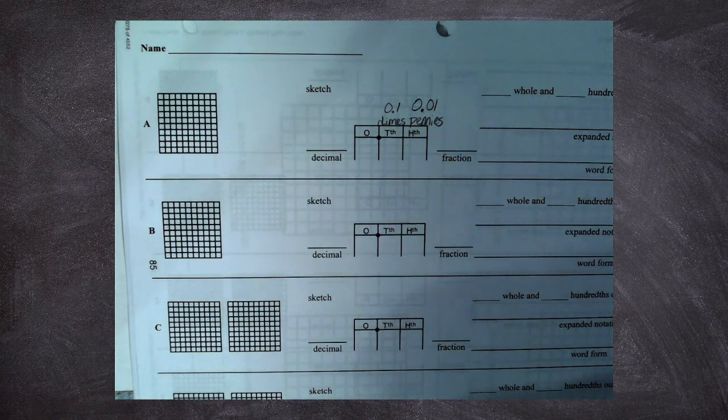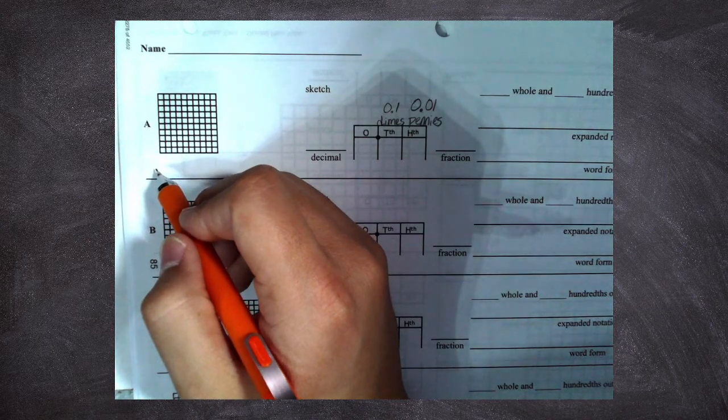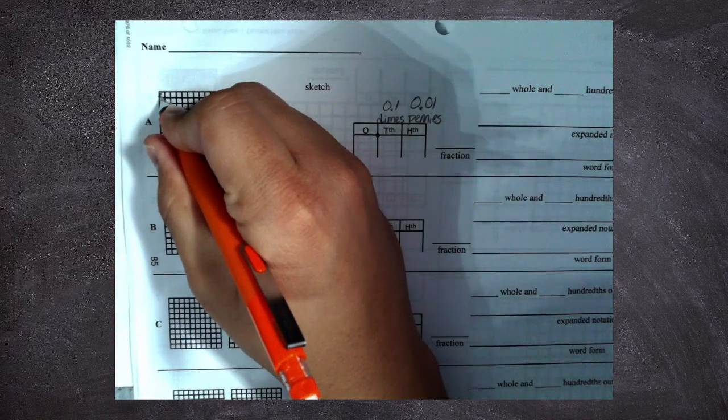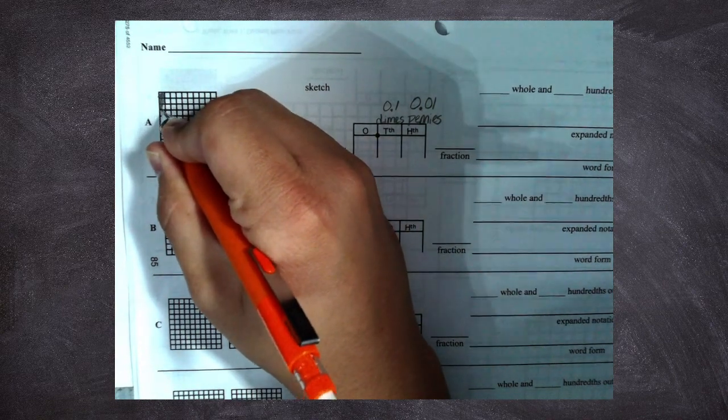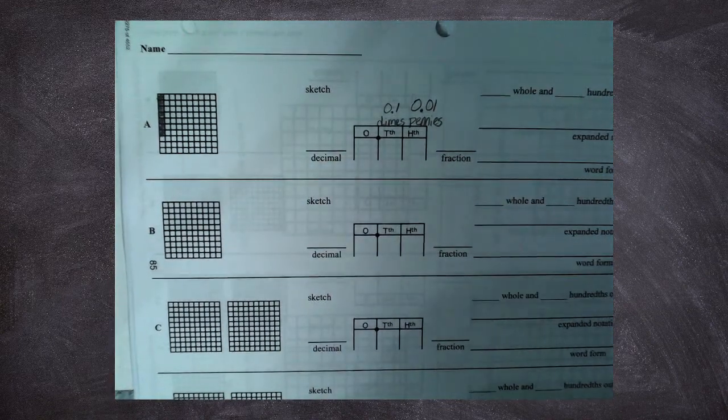So we're going to start with model A, and we're going to see how well we're able to color. Here's what I want you to do. On model A, I want you to take your pencil and color in, or shade in, 7 of the little tiny squares. 1, 2, 3, 4, 5, 6, 7. 7 of the little tiny squares.